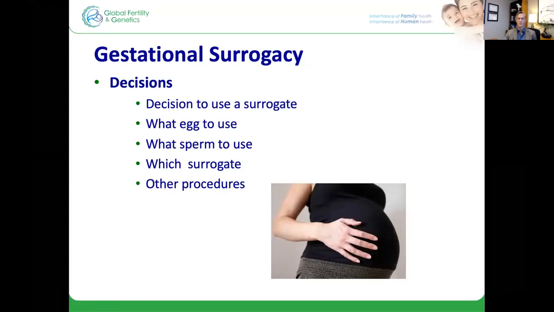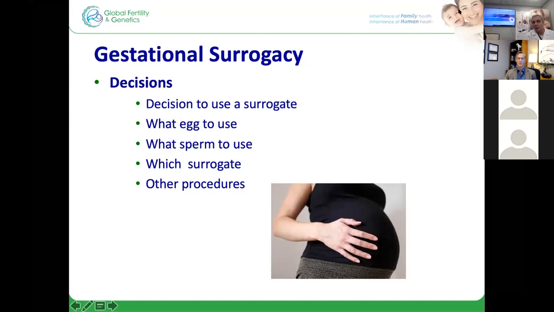The surrogate will have also some right to choose the couple, and the couple will need to choose a surrogate that they're comfortable with. We need also to make some decisions about other procedures during the assisted reproductive cycle or the IVF cycle. There are some different procedures that can be done during the cycle, and we need to make a decision if we're going to do that or not.